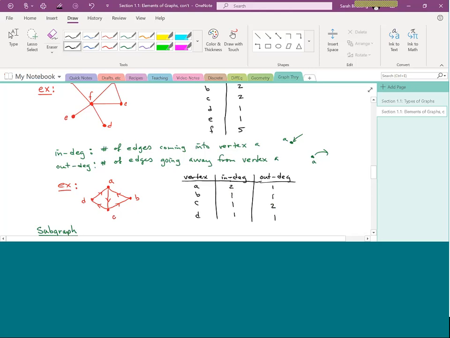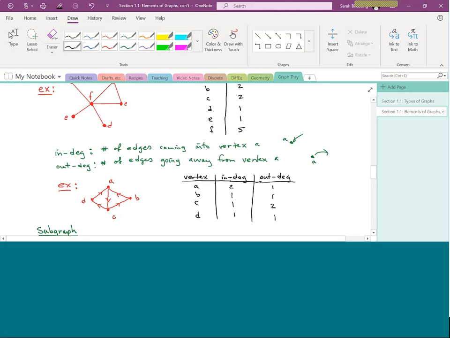Notice anything about your in degrees and your out degrees? There is actually a property in terms of their relationship. Anybody spot it? It's not super straightforward, so, ooh, good call. If you add up all the in degrees and you add up all of the out degrees, they are going to be the same. Why?